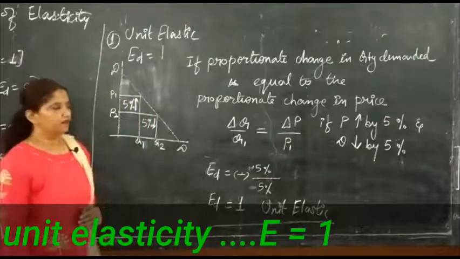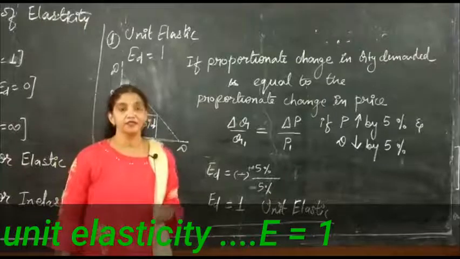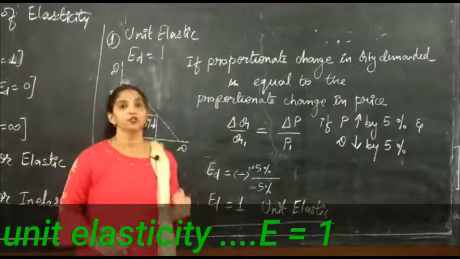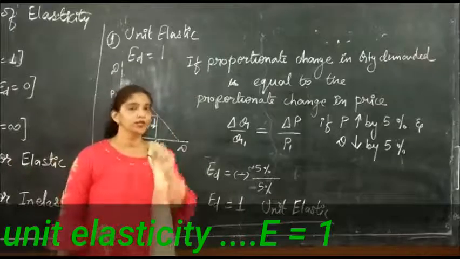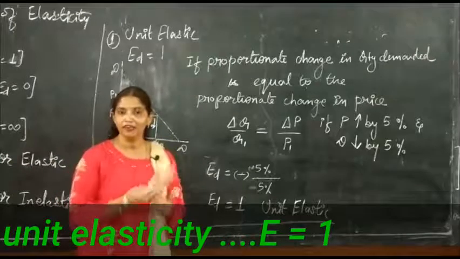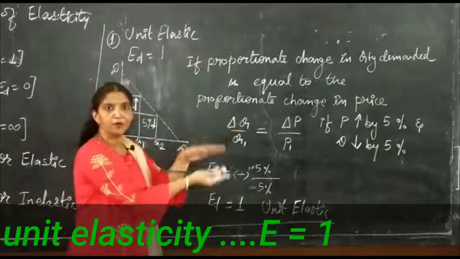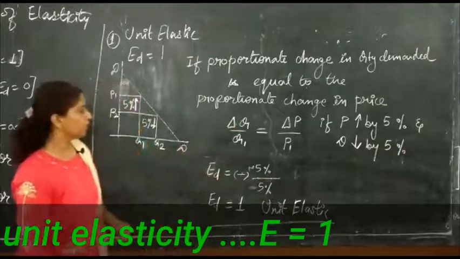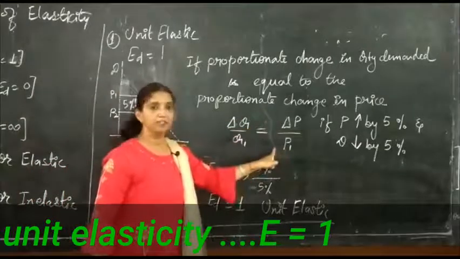We have already done different types of numericals which are related to the proportionate method. In that method, we are using one formula to calculate elasticity of demand, and that formula is proportionate change in quantity demanded divided by proportionate change in price. Okay, proportionate change in quantity and proportionate change in price.